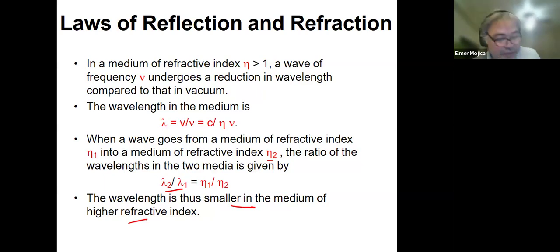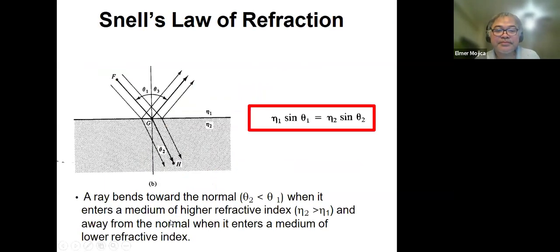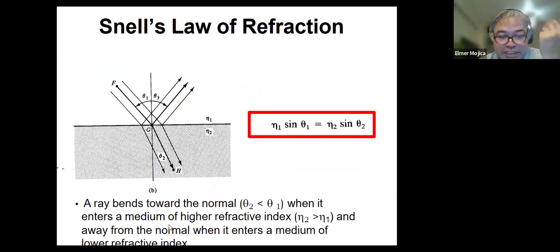So what explains this? This is explained by Snell's law. As I told you, this was already discussed before. Snell's law describes the refraction, as you can see here.